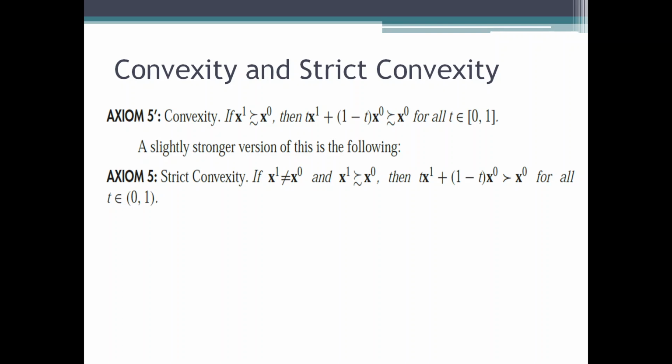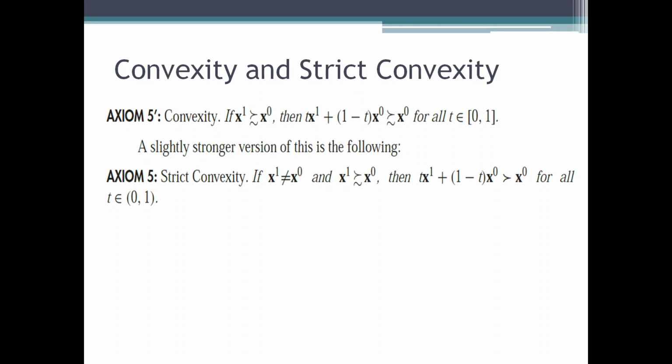I definitely can say so. Why? Because to this x naught I added some of x1. To this consumption bundle x naught, I added some of the at least as good consumption bundle x1. So definitely this will give an at least as good consumption bundle as x naught.